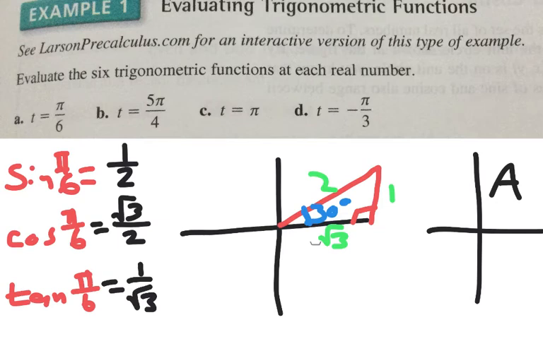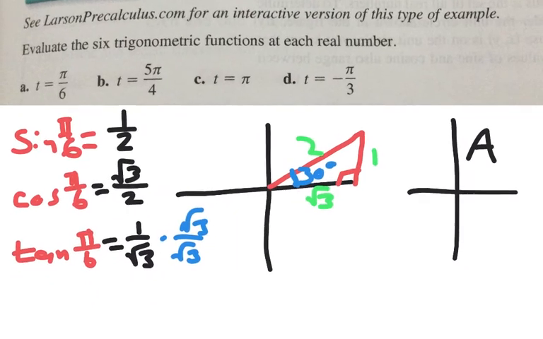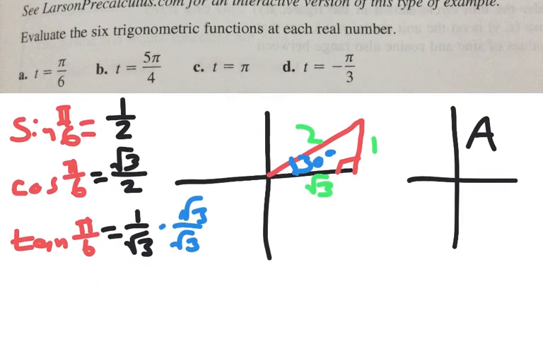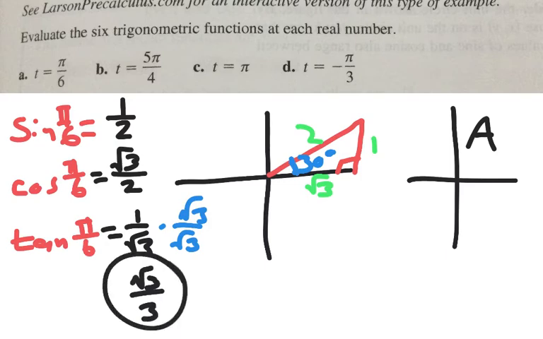Here's how you get rid of radicals in the denominator. Multiply by whatever the radical is on top and bottom. That's rationalizing the denominator. So now tangent of pi over 6, instead of saying it's 1 over radical 3, I need to say that's radical 3 over, and then radical 3 times radical 3 is just 3. So I would say tangent of pi over 6 is radical 3 over 3.